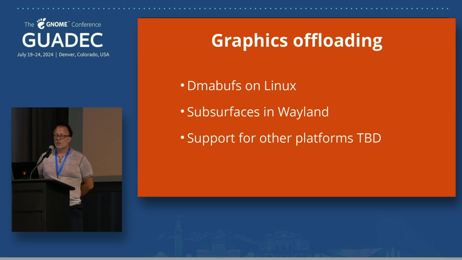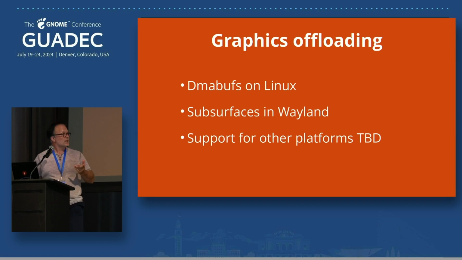And what we also did is we added support for subsurfaces to our Wayland backend. That might get some people excited, I guess, if I mention subsurfaces, but I wanted to say that this is not actually exposed in any APIs. We just use this internally. So if you want to use subsurfaces in your application, you still have to do it yourself.